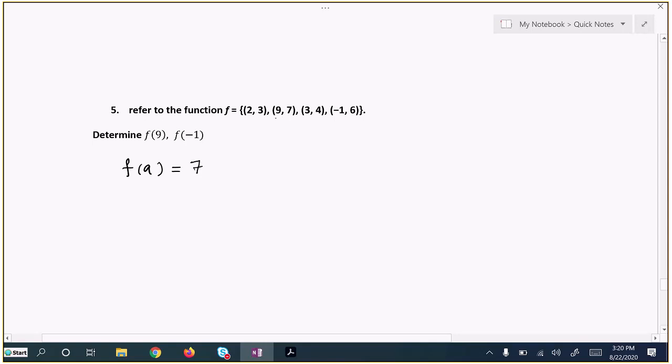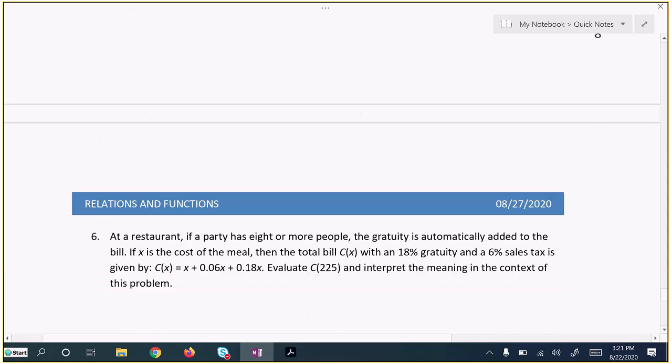And it's 7 because I find the ordered pair where x is 9 and I just read the y value. If f of -1, again, I just find the ordered pair with -1 as the x value and read the y value, that is 6.